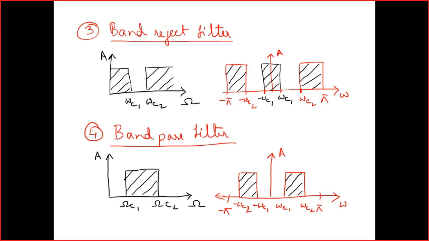Understanding of these 4 types of filter frequency response is very important to determine the limits of the integration. So does anyone have even the slightest doubt? No one? Okay, good.